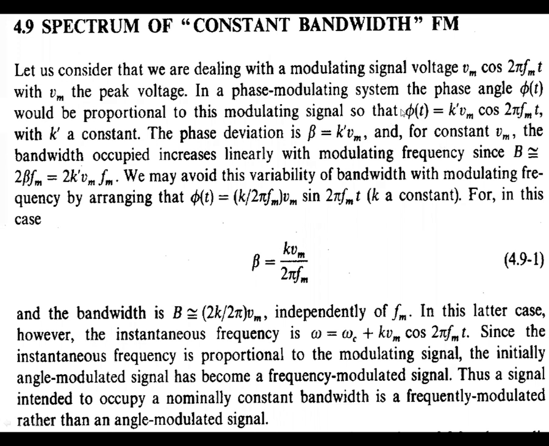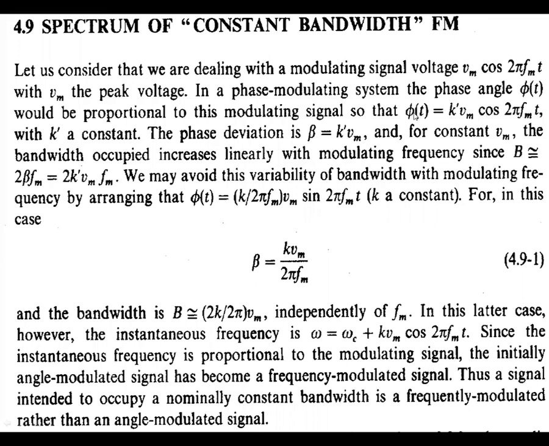In the phase modulation system, the phase angle phi(t) is proportional to this modulating signal. So phi(t) = k' Vm cos 2 pi fm t.